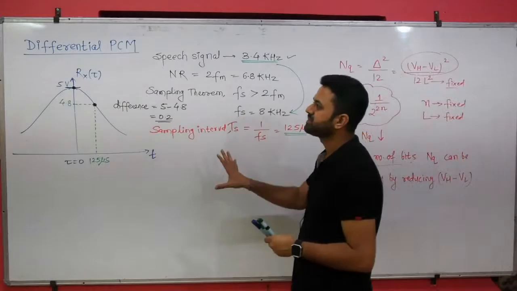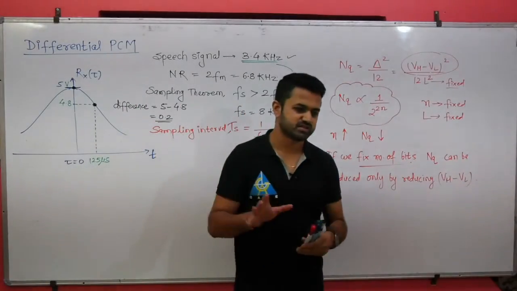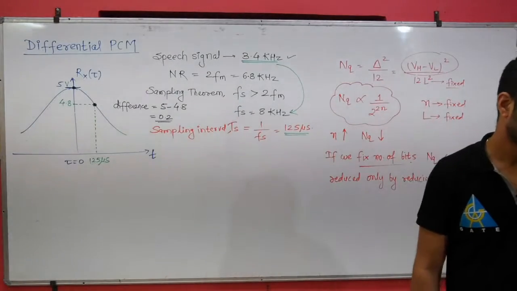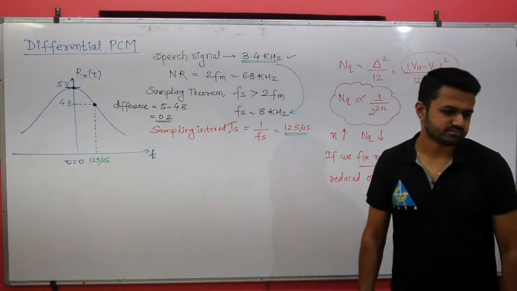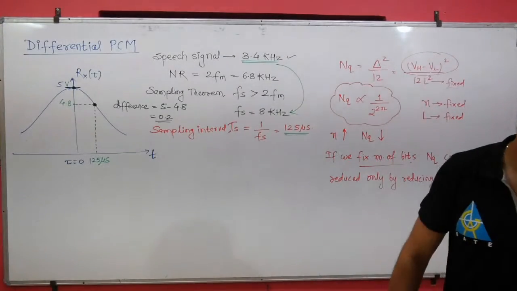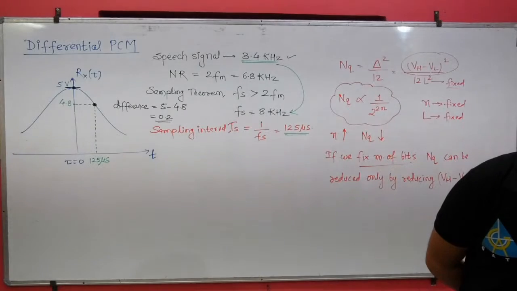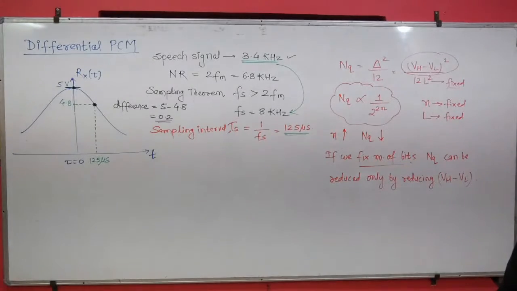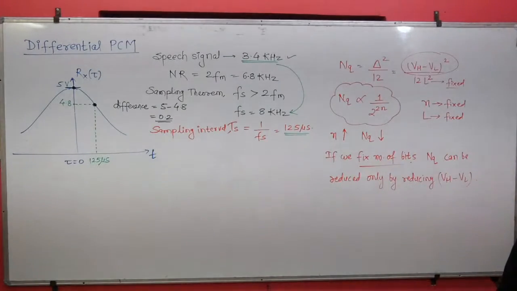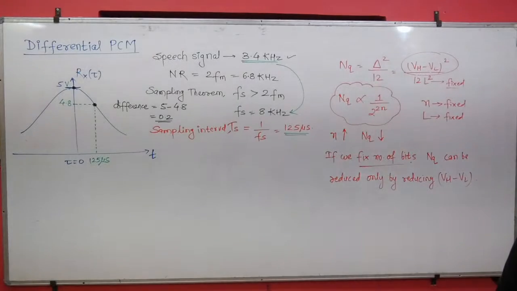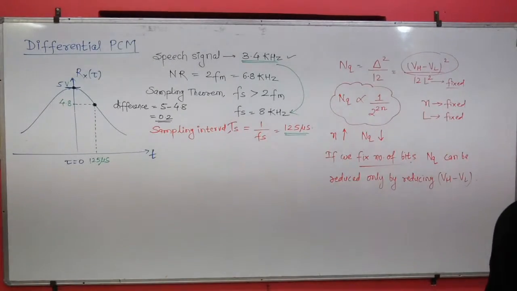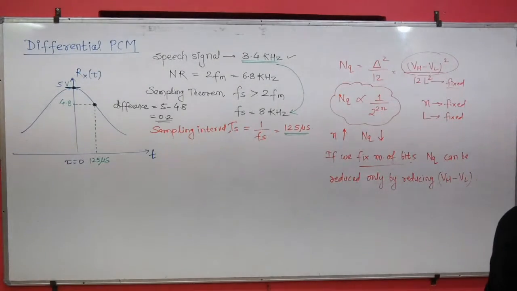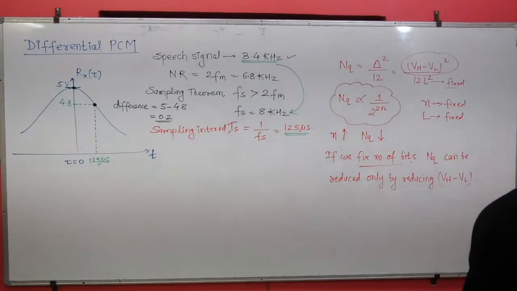That is the principle behind differential pulse code modulation. Is it clear up to this point?